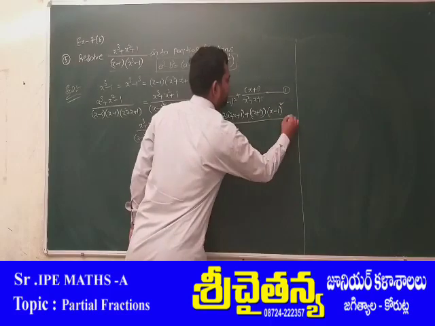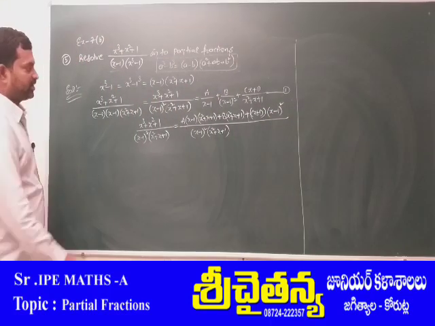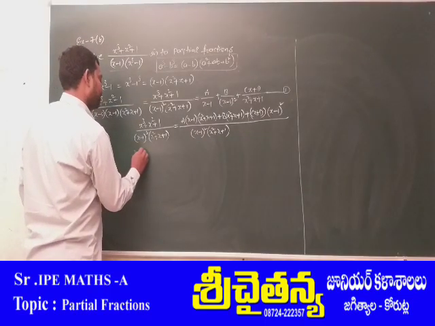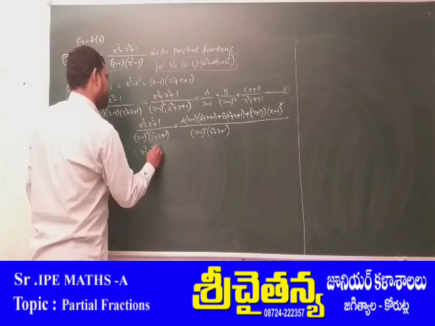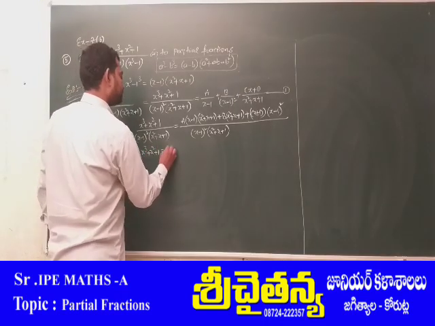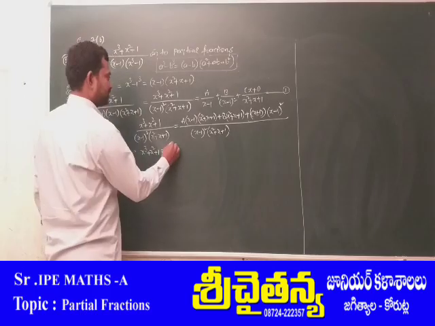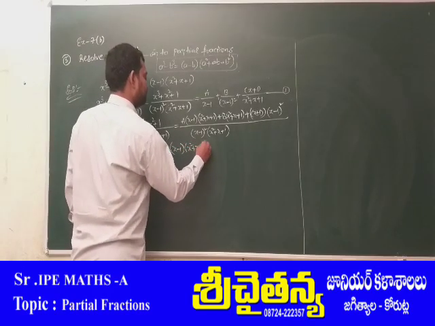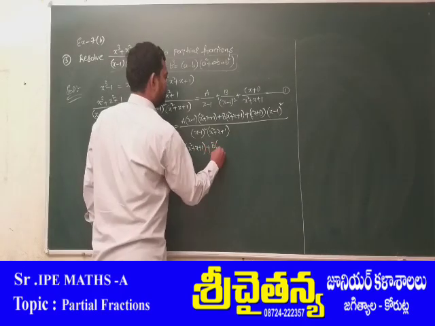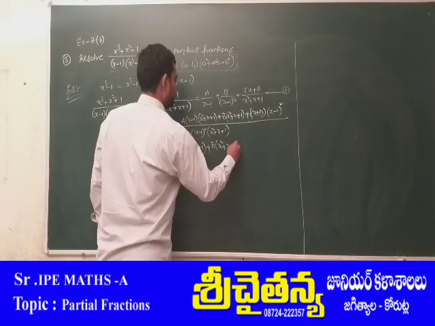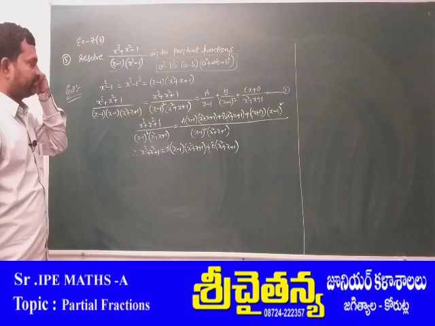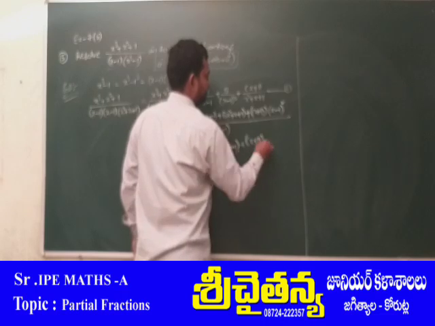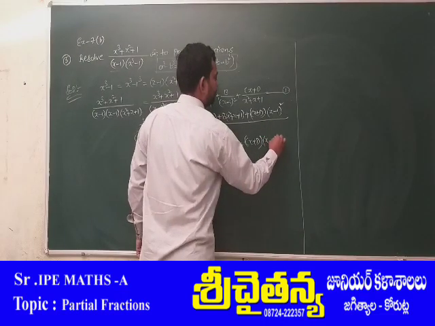When you do the simplification carefully, you will get the answer perfectly. Both sides have the same denominator, therefore x cube plus x square plus 1 equals a times x minus 1 into x square plus x plus 1 plus b times x square plus x plus 1 plus cx plus d times x minus 1 whole square.